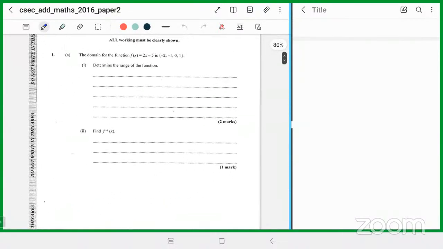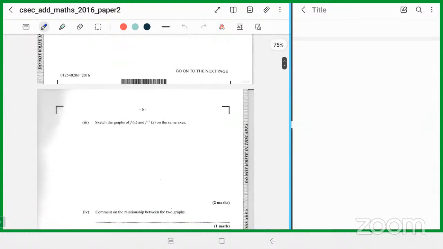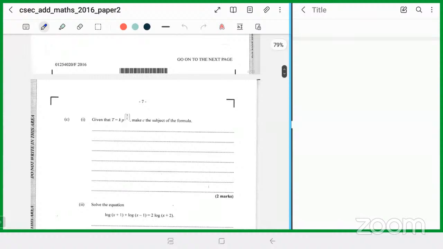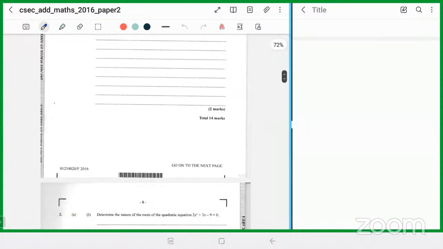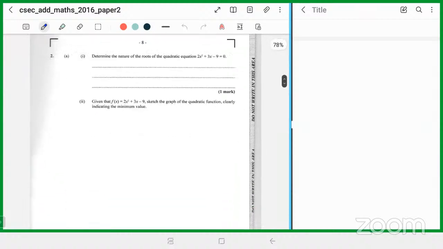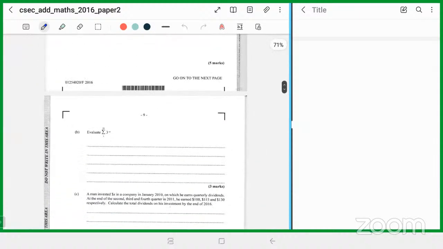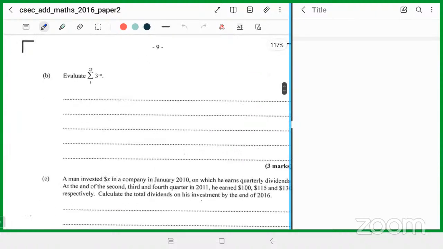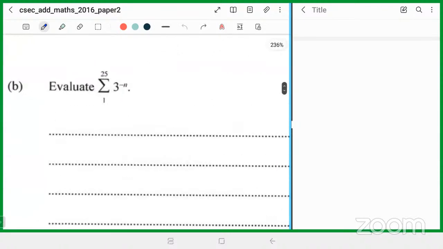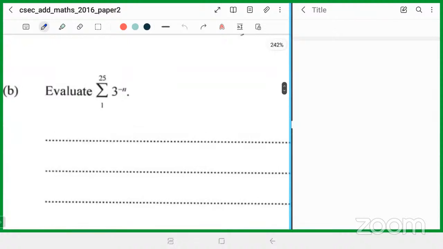The first year came with all these lines, it just did not work out. Now, this is a summation, and it will more than likely sum into an AP or a GP.